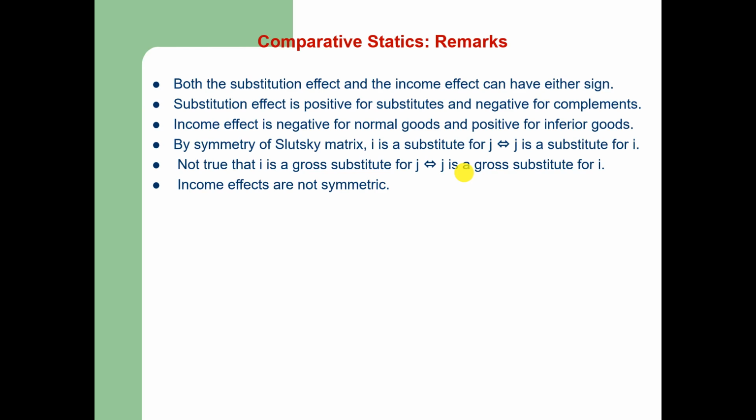We can also get the Hicksian demand function by plugging the cost function into the Marshallian demand function. Similarly, we can also derive the Marshallian demand function by substituting the indirect utility function into the Hicksian demand function.